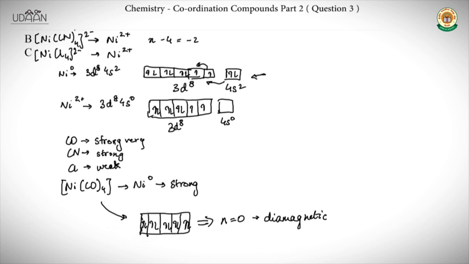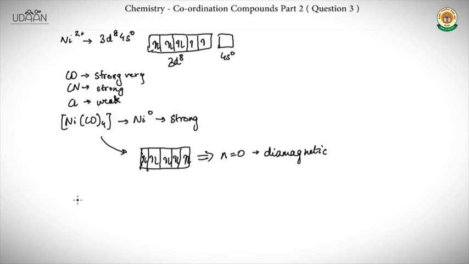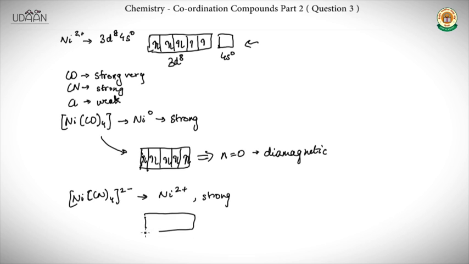Now B, we have Ni(CN)4 2-. In this case we have Ni2+, and we have a strong field ligand. So this is the configuration we have to consider. But since we have a strong field ligand, they will all again be pairing as we saw in the last case. So this will be the configuration at the end of the pairing. Again we have n equal to 0, there's no unpaired electron.